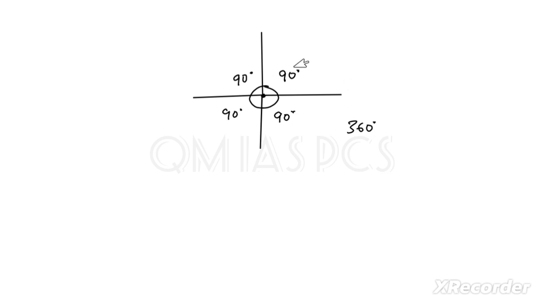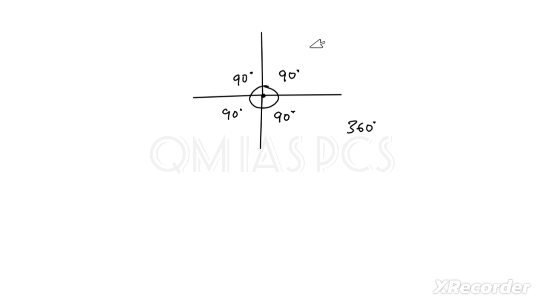This is a point, and you can make 4 right angles at this point. This is 90 degree, this is 90 degree, this is 90 degree, this is 90 degree. So the complete angle is 360 degree.